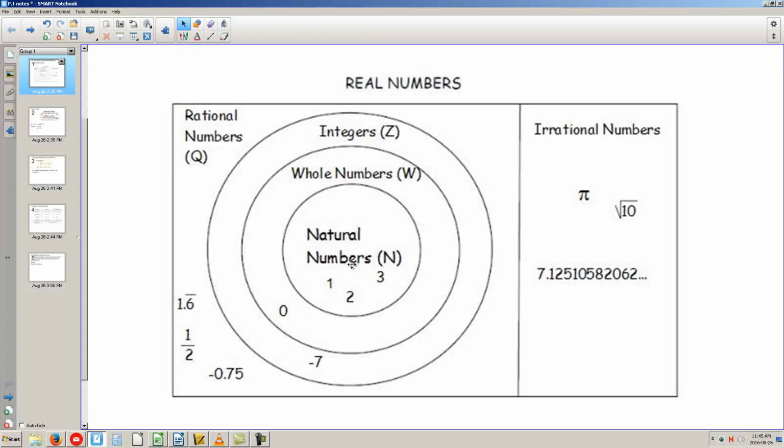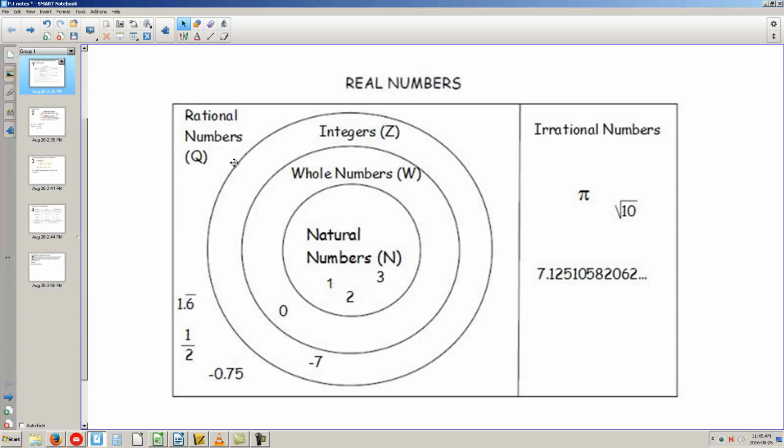That's why it's inside that circle. It includes the number 0, but it also includes the negative whole numbers, or negative natural numbers. So if we take all these numbers, see how the circle keeps getting bigger? We're still including those other numbers. So the number 2 is a natural number, it's a whole number, and it's also an integer. And so we continue to expand those things outward.